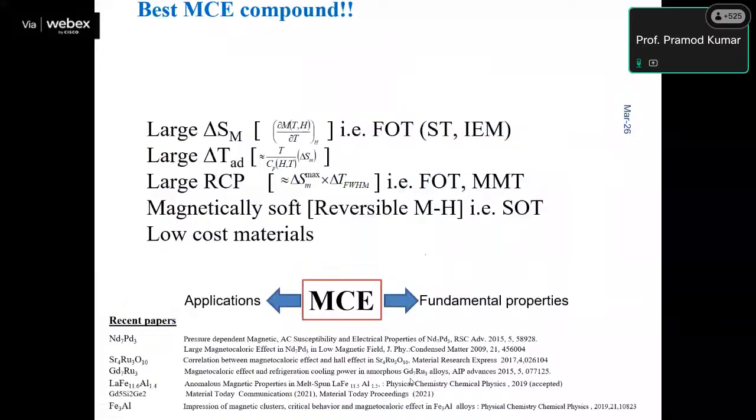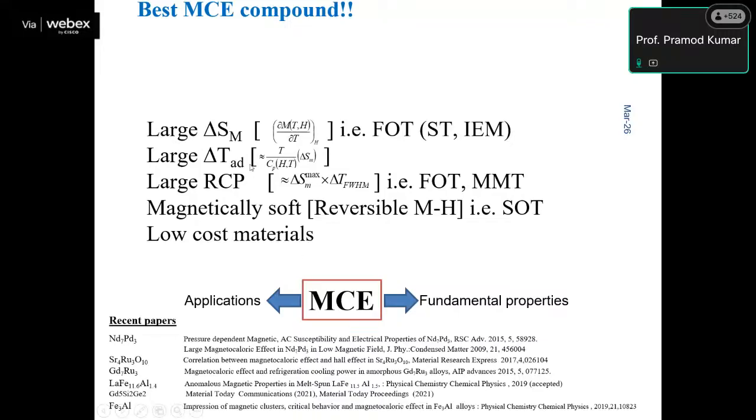So now the question is, whenever anyone is interested in making this magnetic refrigerator, how will they decide which material is good or bad? Here I am explaining. Whenever you are interested in making a magnetic refrigerator in your lab, try to look at these points.